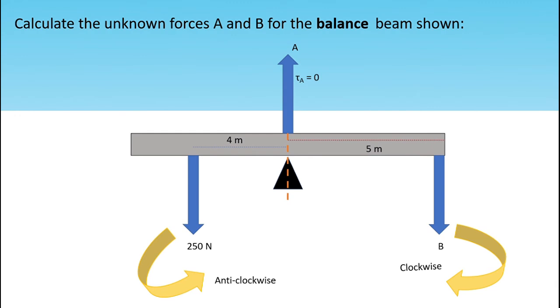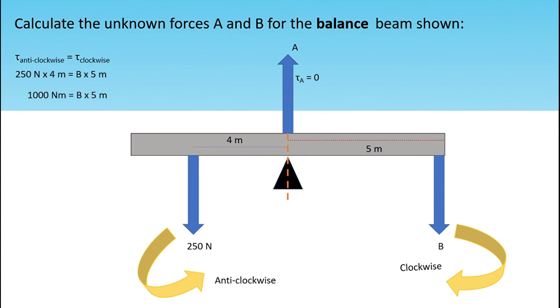The beam is balanced, so the total turning effect in the anti-clockwise direction must be equal to the total turning effect in the clockwise direction. Since the turning effect is force multiplied by the distance of the force to the pivot, 250 Newton multiplied by 4 meters equals force B multiplied by 5 meters.